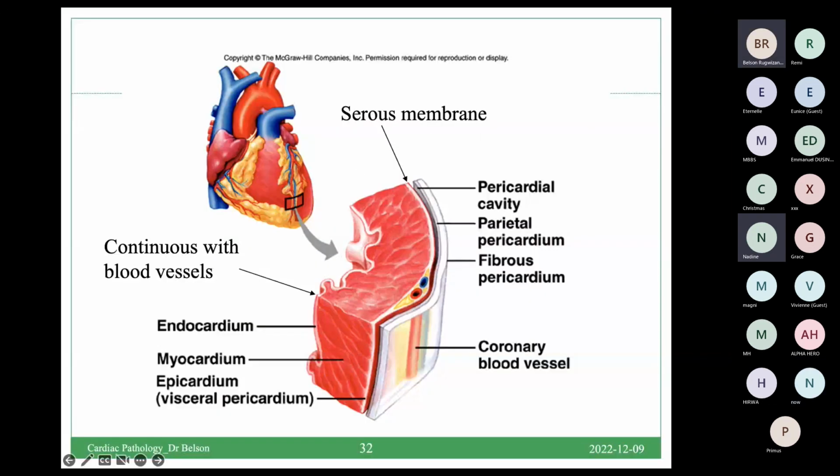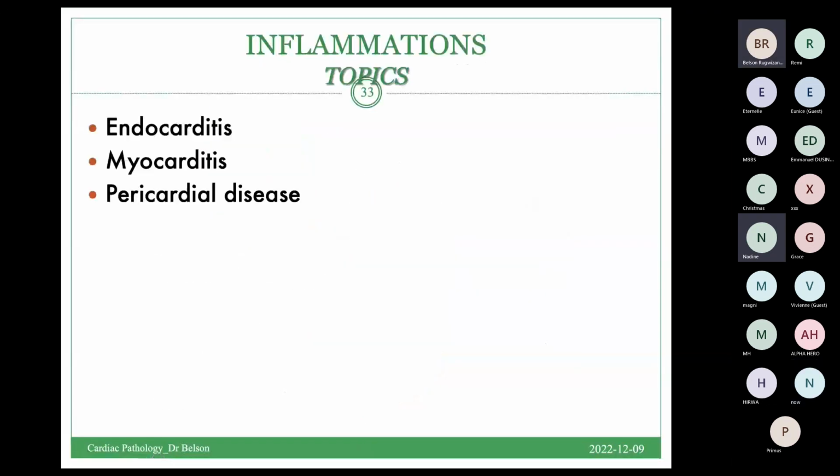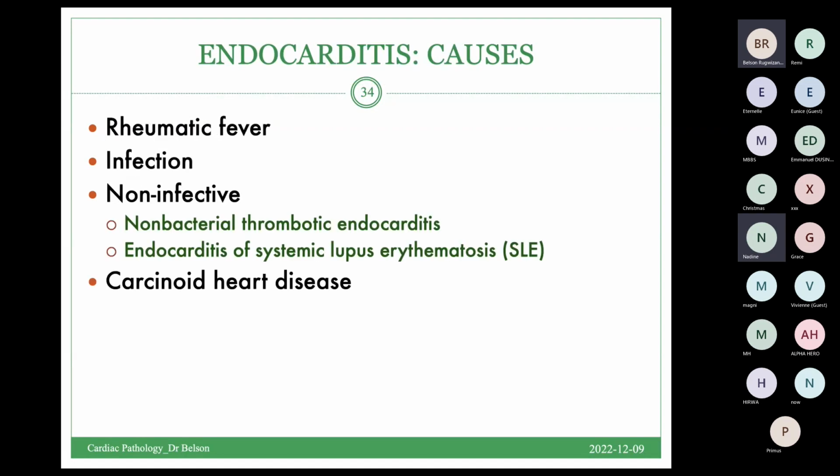So we go to other areas of the heart. For inflammations, we shall see endocarditis, pericarditis and myocarditis, but the most common one is endocarditis, as I said when starting. And the most common cause is rheumatic fever.